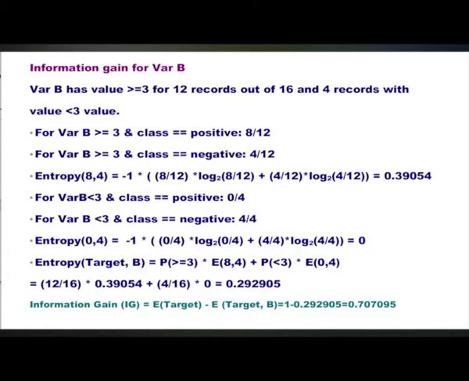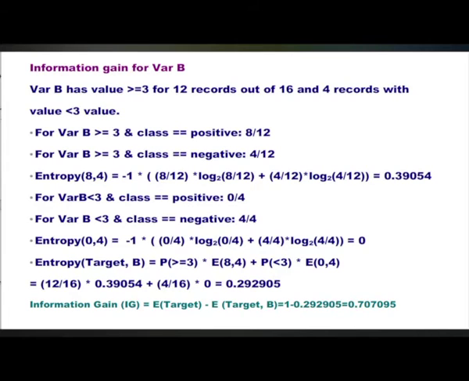Variable B has value greater than or equal to 3 for 12 records out of 16 and 4 records with value less than 3. So, for variable B greater than or equal to 3 and class equal to positive, the probability is 8 by 12. For variable B greater than or equal to 3 and class equal to negative, the probability is 4 by 12.